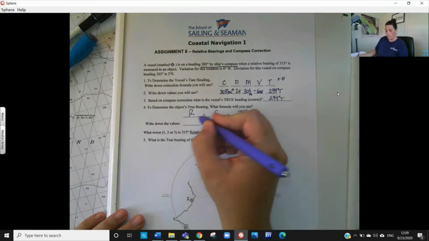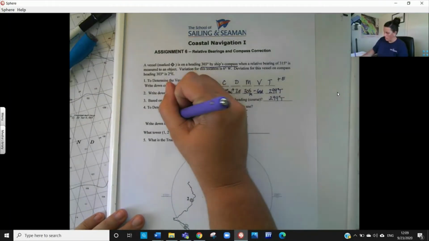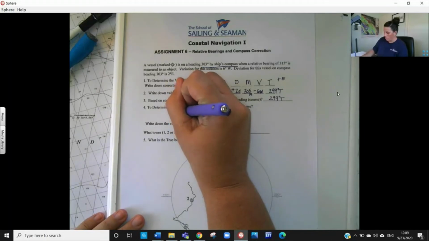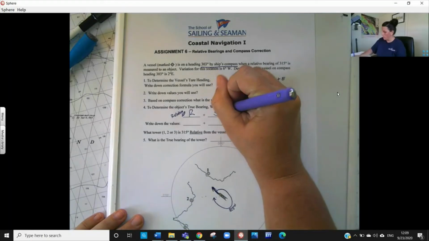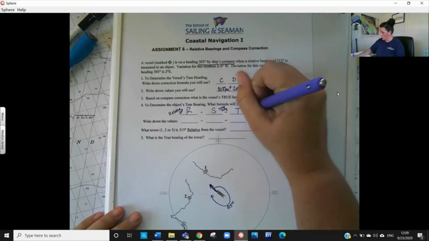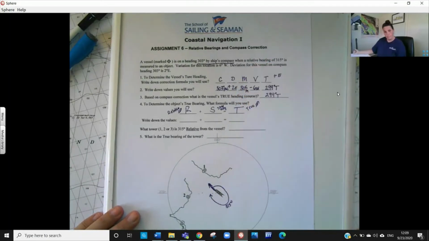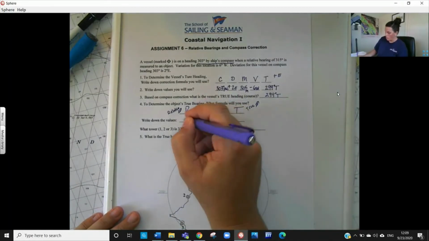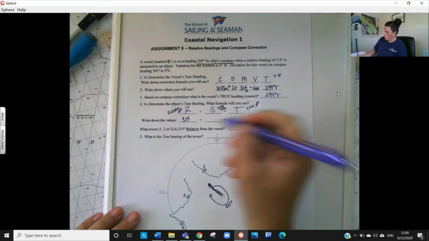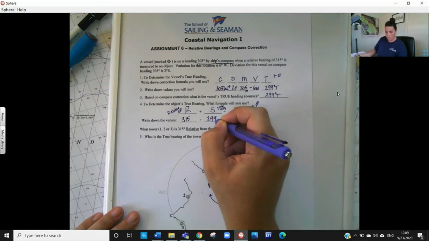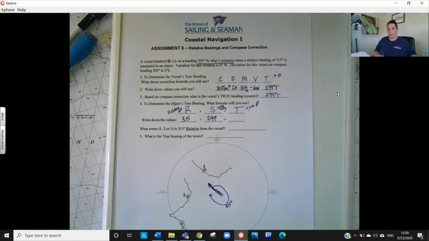What this means is a relative bearing plus a ship's heading gives you a true bearing. If I write down my values, my relative bearing was 315. My ship's heading was 299. So I add those together.